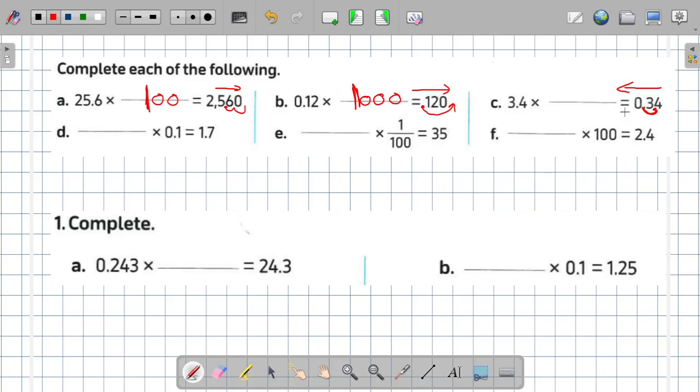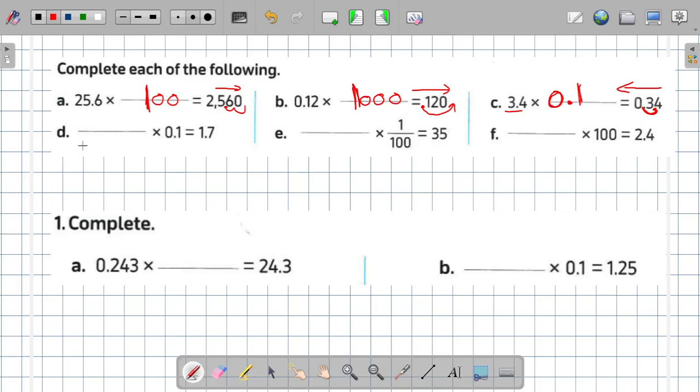So this means the number was multiplied by 1/10, so it's 0.1. Okay? Again, I have a number multiplied by 0.1 or 1/10 equals 1.7.